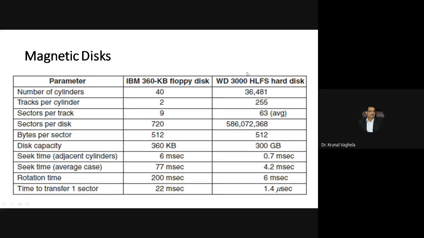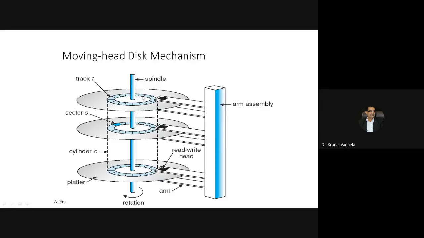So this is the comparison between a floppy and the hard disk. So you can have imagination. Number of cylinders in floppy 40, in hard disk 36481. You can imagine 36,481 cylinders. So you can see how minor the tracks are. It is, you can say, finer than your hairs even.